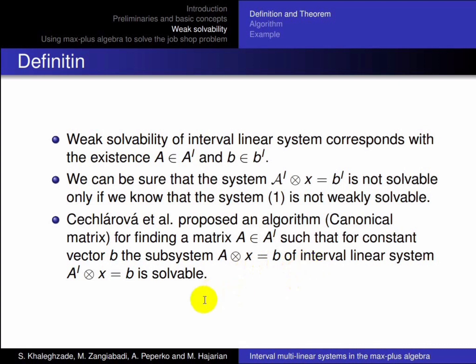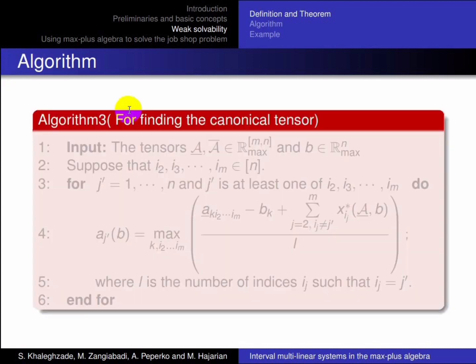Similarly, a condition for weak solvability of an interval multilinear system with a non-constant tensor can be stated formally and identically for Max Plus using a canonical tensor of an interval multilinear system. This algorithm is the main issue of weak solvability, for finding the canonical tensor.